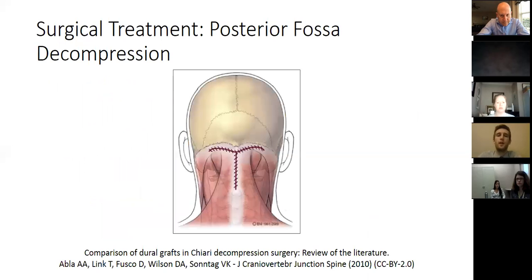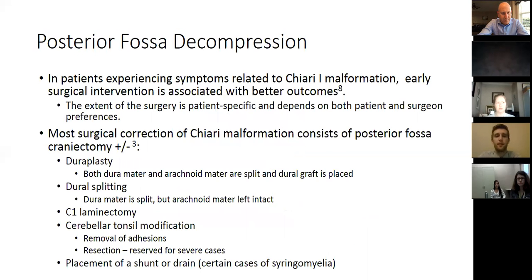Okay, so now the mainstay of therapy in Chiari malformation is definitely the surgical fix. So this picture right here depicts a typical scar that patients will have after undergoing the surgery. Typically what they do is they first decompress the area where the Chiari malformation symptoms are occurring.